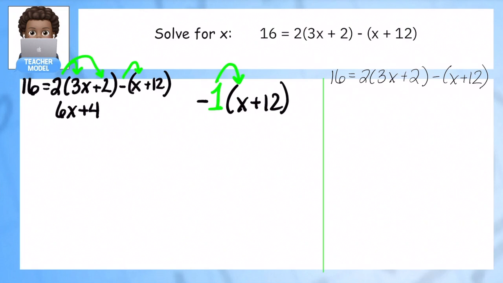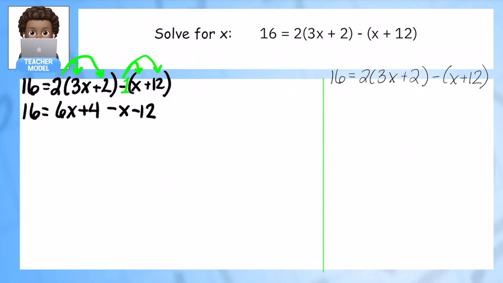We are going to distribute negative 1 and multiply by negative 1 with the terms inside the parentheses. We can't see it, but know that it is there. So sometimes it will help you to actually write the negative 1 in there. Okay, so now let's multiply this out. Negative 1 times x is negative x. Negative 1 times 12 is negative 12.